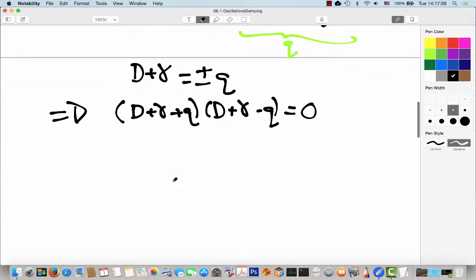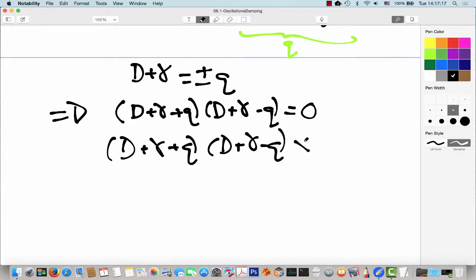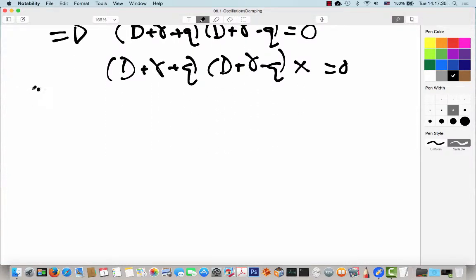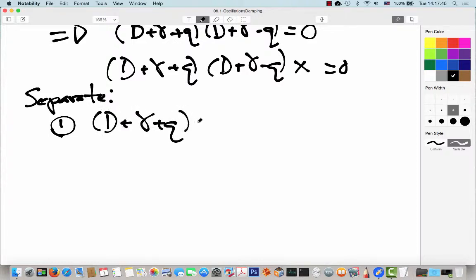And then we can go ahead and go back into operator land and operate this combination on x and demand that it be 0. Okay, so this means that we can now go ahead and separate the equation. So separating, the first one we can try is d plus gamma plus q operating on x equals 0.